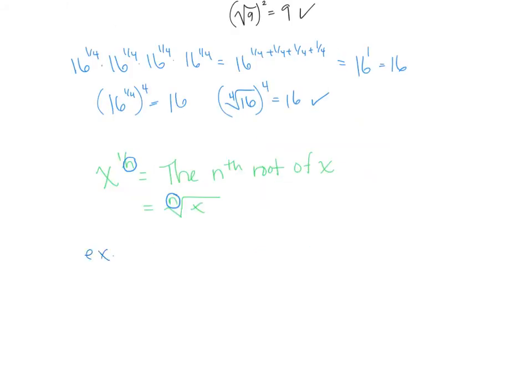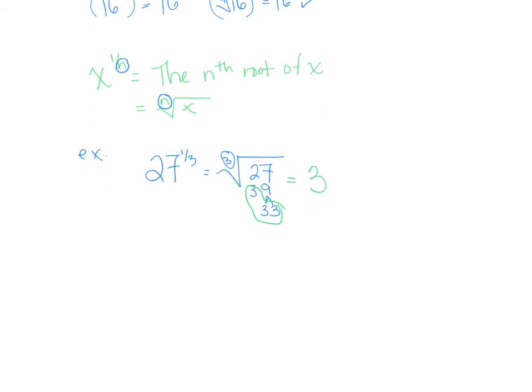For example, if we have 27 to the 1/3 power, what can we write that as? Well, that's going to be the third root of 27, where we're looking for something multiplied 3 times. So this is 3 times 9, that's 3 times 3. You can see right there that we have 3 3s, so this is going to come out as 3.